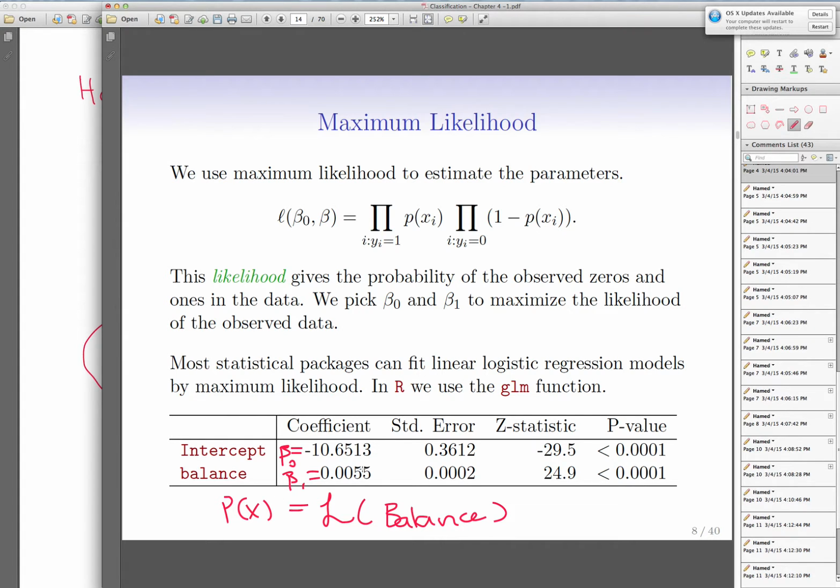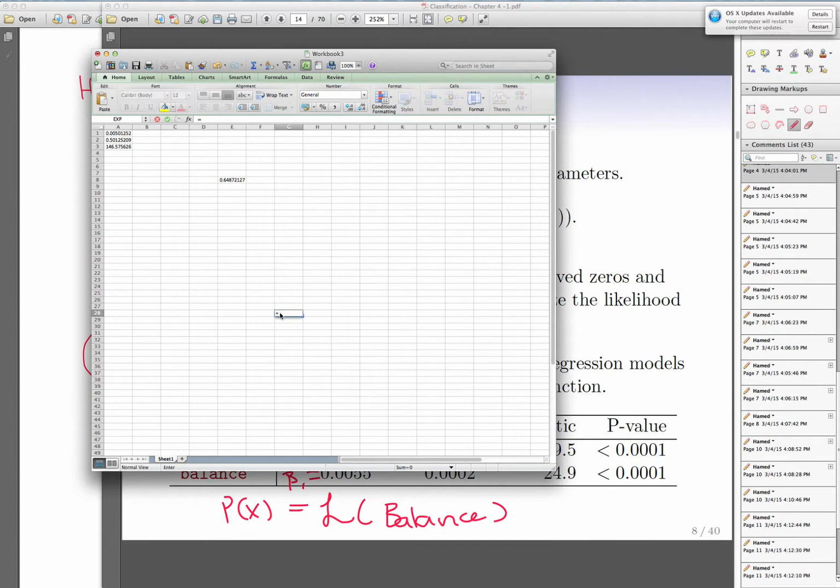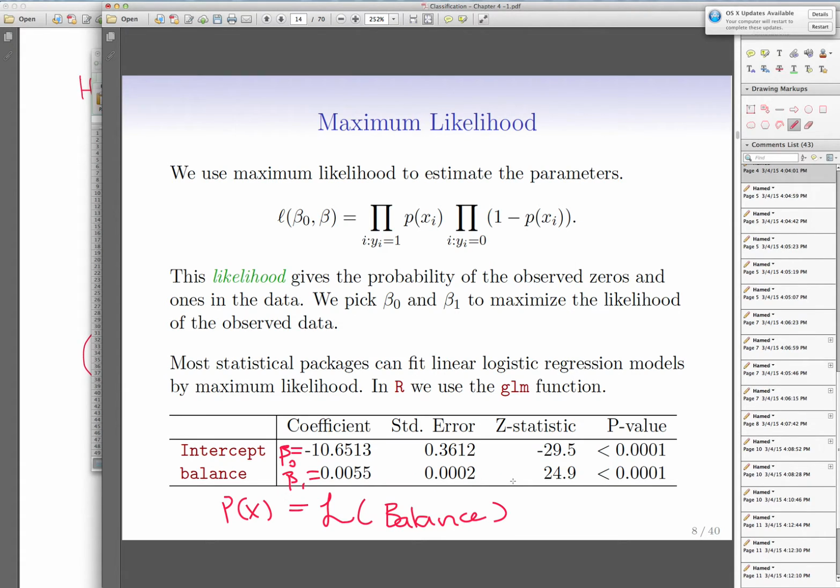So let's get back to this value and see what that means. So we get balance 0.0055. Let's put it in our Excel file. Exponential of 0.0055 minus 1 is 0.0055.